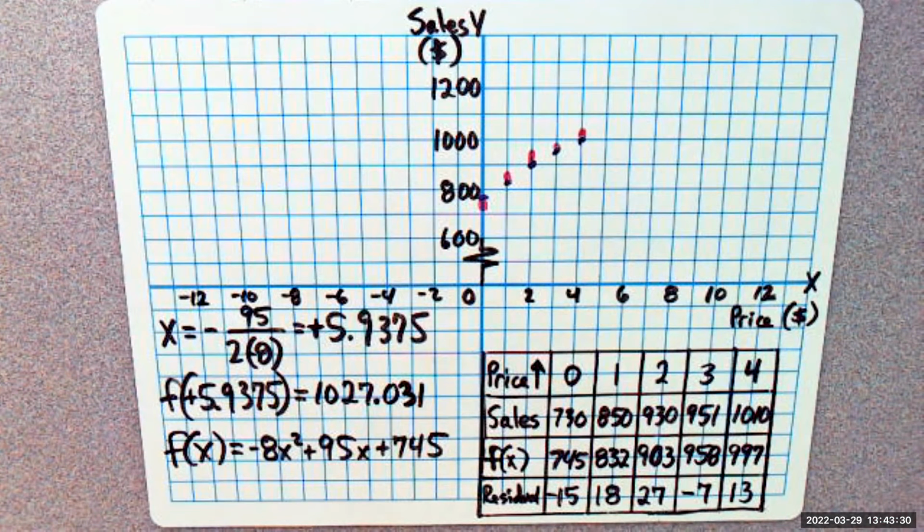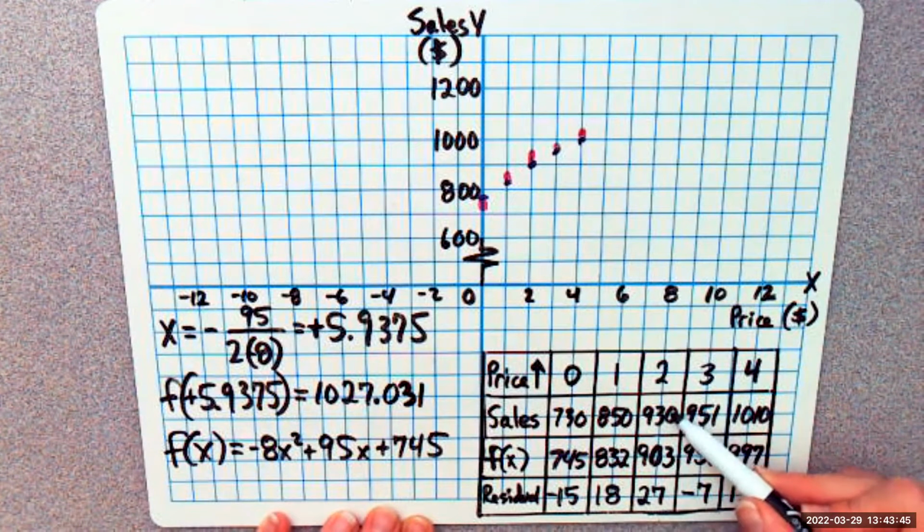If we analyze those points and find the residuals, we have a residual of negative 15 here. 850 minus 832 is positive 18, and 930 minus 903 is 27.